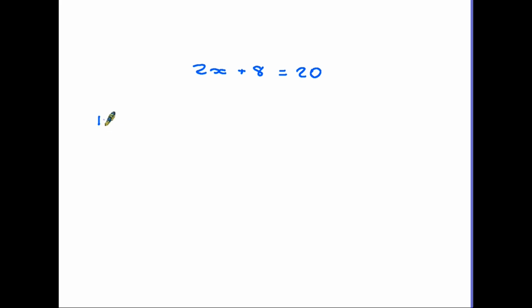In other words, if something is currently a plus, like the 8 that we see here, if I move it to the other side, it becomes a minus. Similarly, a minus becomes a plus. Also, something that is currently being multiplied will turn into a divide, and a divide will turn into a multiply.